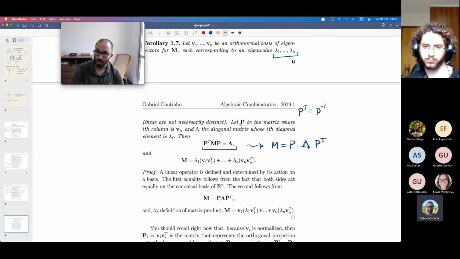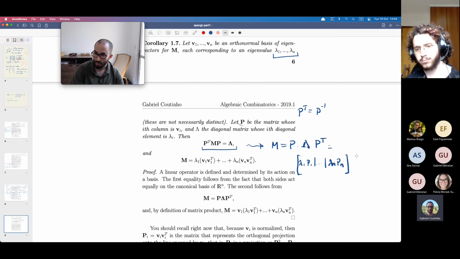Now these lambdas are multiplying the columns of P, so this is equal to lambda 1 P1 dot dot dot lambda n Pn times P1 transpose dot dot dot Pn transpose.